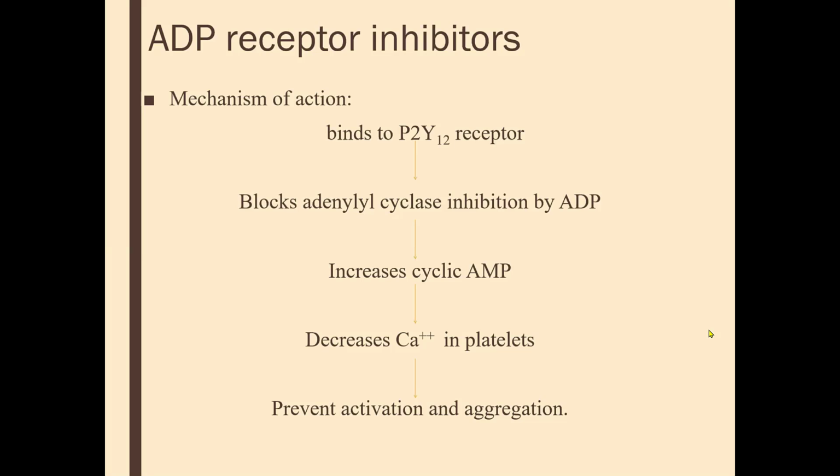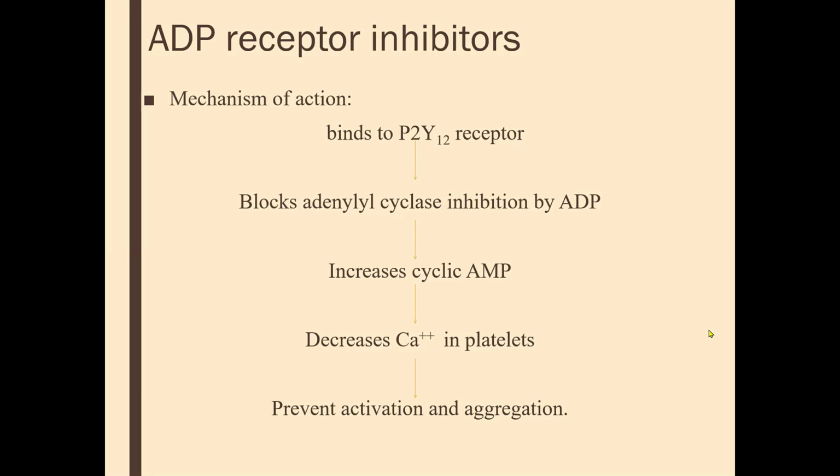See, now we know the role of adenylyl cyclase here. Adenylyl cyclase activation, cAMP increase, cAMP increase there will be decrease in the calcium, right? So how ADP acts is they inhibit the adenylyl cyclase activation. Okay, that's how the aggregation occurs.